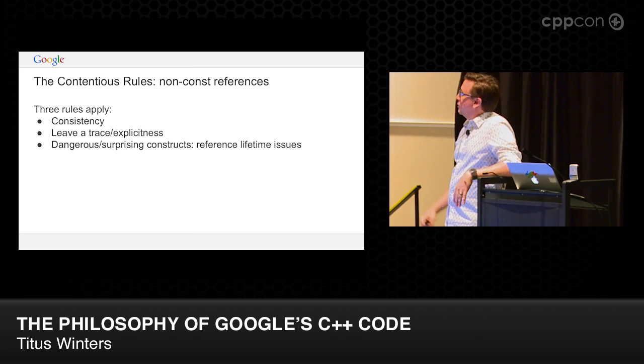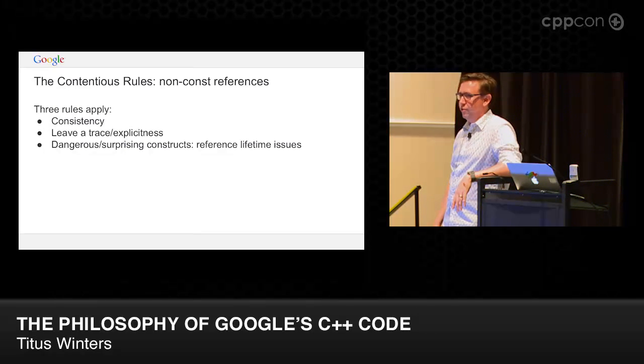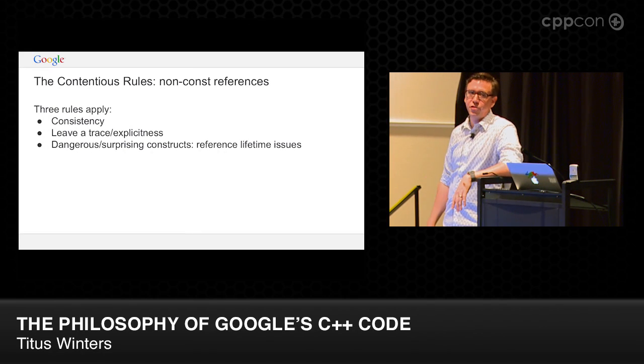As I pointed out earlier, leave a trace and explicitness serve this purpose. And there are more often reference lifetime issues than there are pointer lifetime issues, because there shouldn't be. But in practice, people look at a pointer and think, oh, lifetime problem. People look at a reference and think, nothing, right? And this leads to trouble.